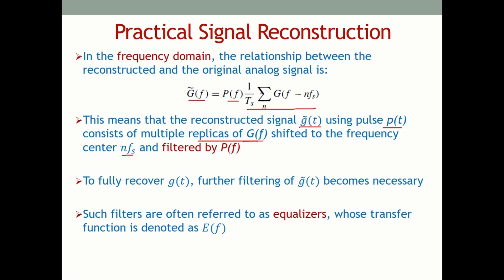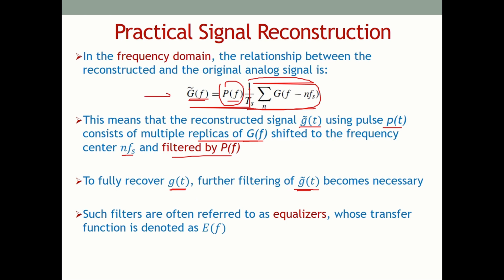This spectrum is multiplied by P(f), which means it's filtered by P(f), giving G'(f). So to fully recover g(t), our original signal, further filtering of g'(t) becomes necessary. We have to obtain our signal g(t) from this g'(t).